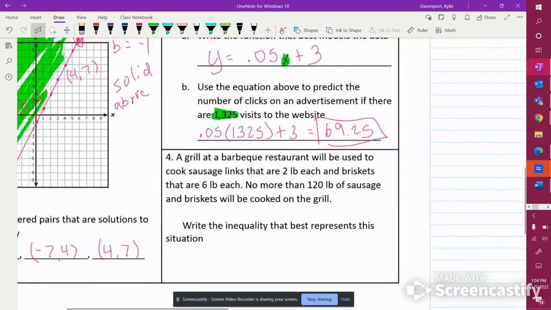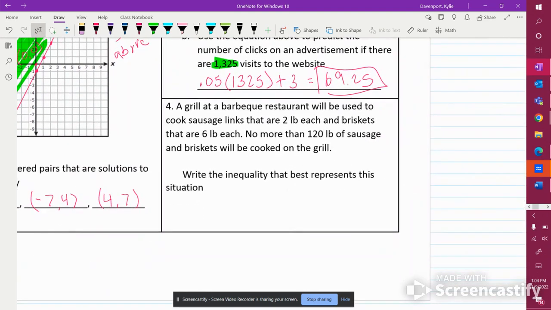All right, number 4. A grill at a barbecue restaurant will be used to cook sausage links that are 2 pounds each and briskets that are 6 pounds each. No more than 120 pounds of sausage and briskets will be cooked on the grill. So I have 2 rates, okay? I have rate A and rate B. Rate A are my sausage links, those are 2 pounds.